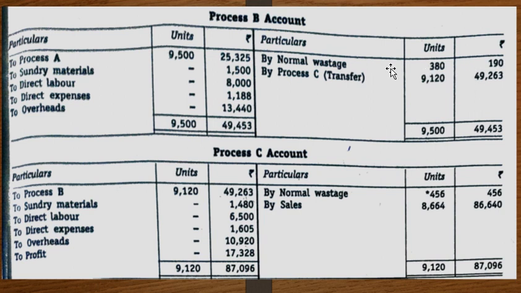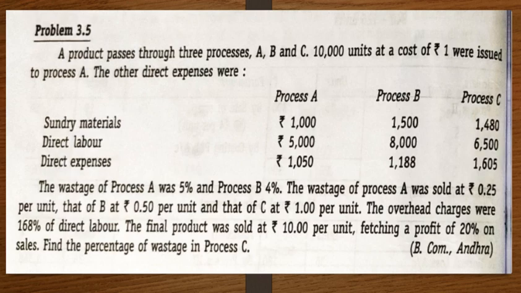Then we need to check the normal loss. You need to check whether they've given the output number of units produced in that process. In this question, they have not given anything about the output for process A and B. So there is no output introduced, and the balancing figure will obviously be the output or the produced. That will be the output which is produced by that process.